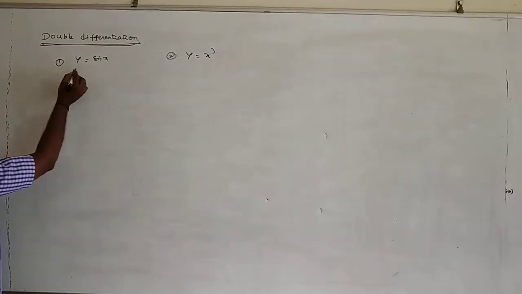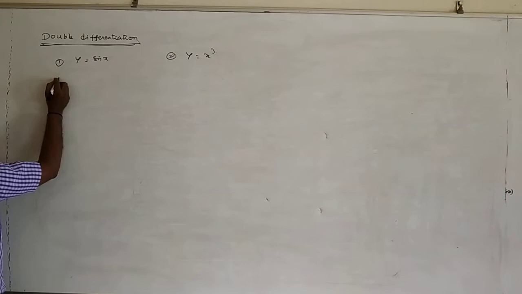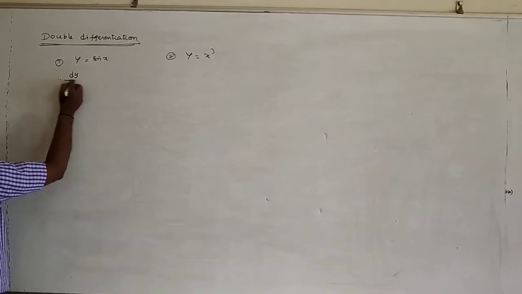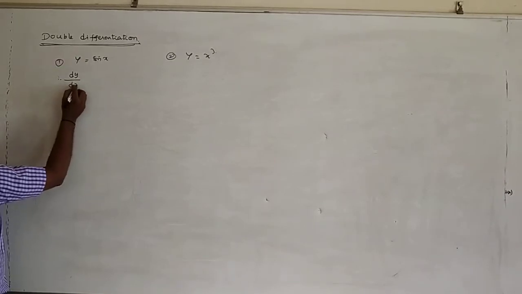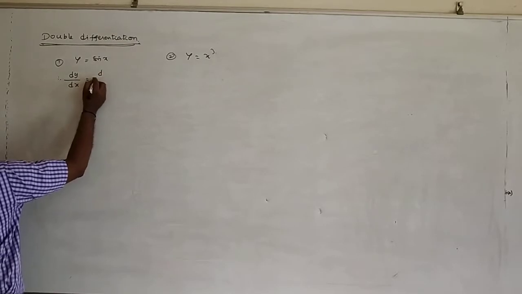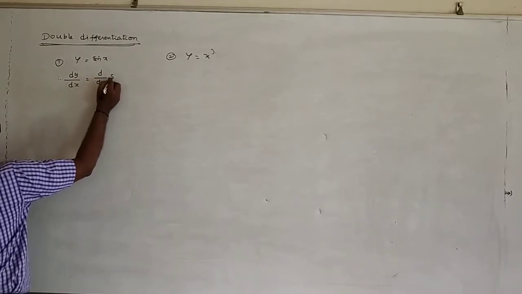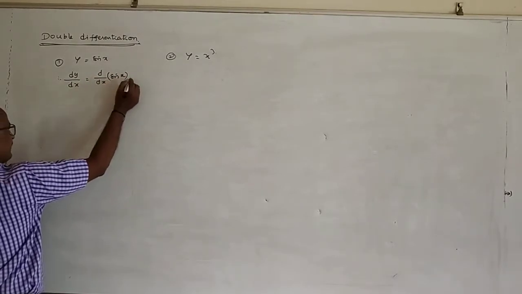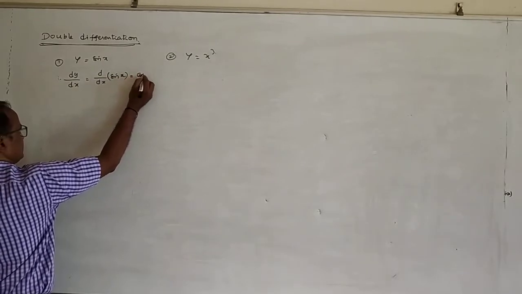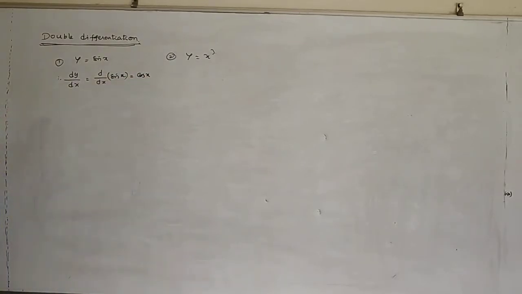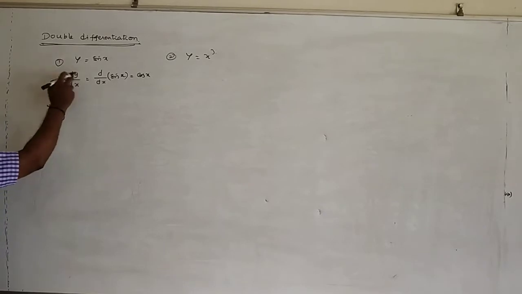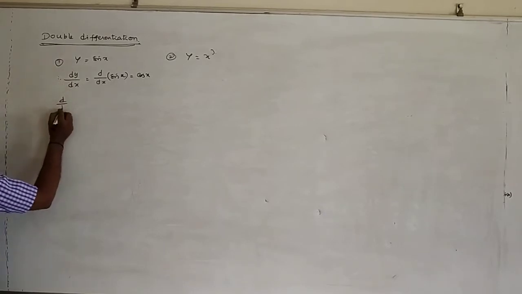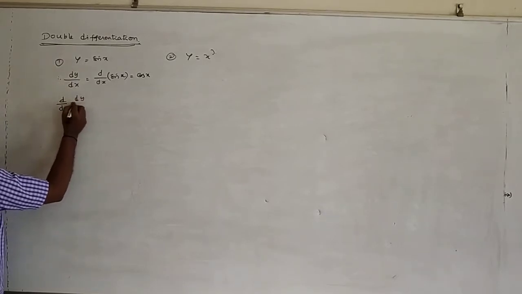See here, y is equal to sin x, then the derivative of y with respect to x, dy by dx, is equal to d by dx of sin x. What is the value of d by dx of sin x? This is cos x. Okay, once again the derivative of this quantity means d by dx of dy by dx.